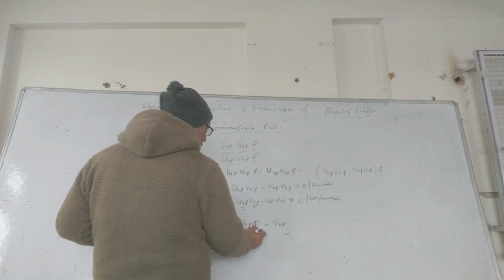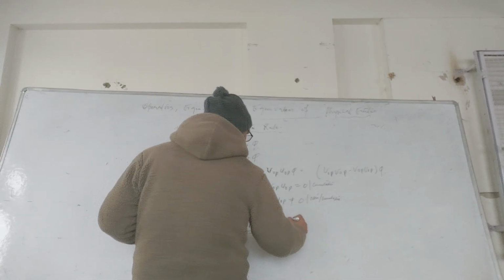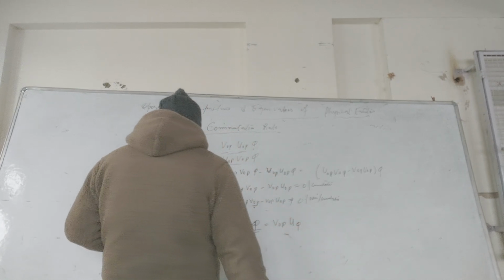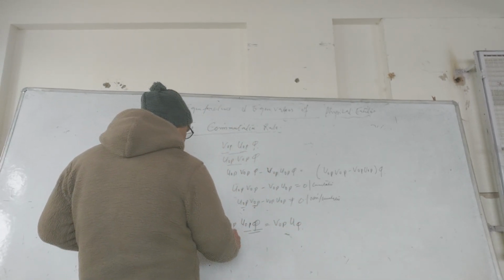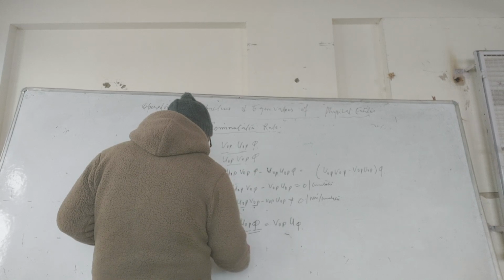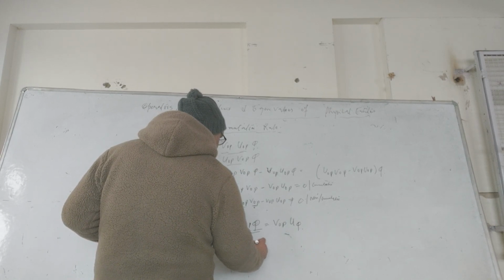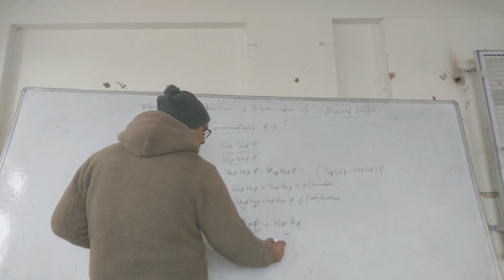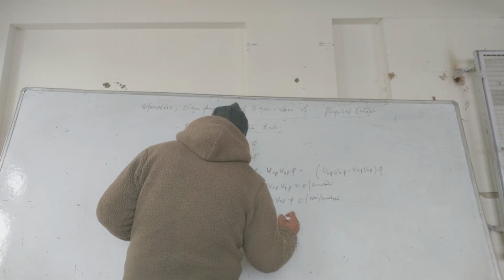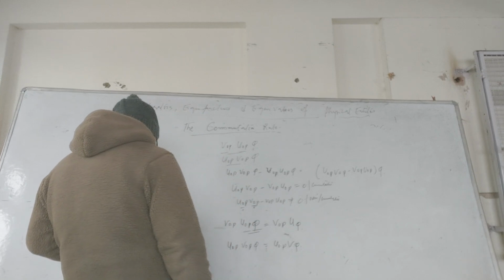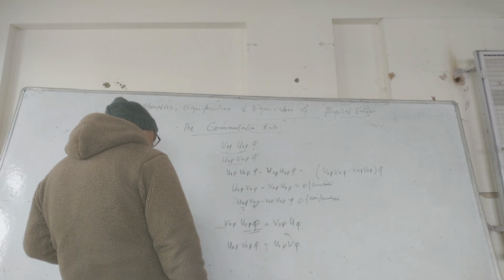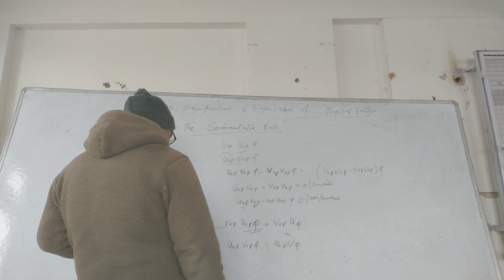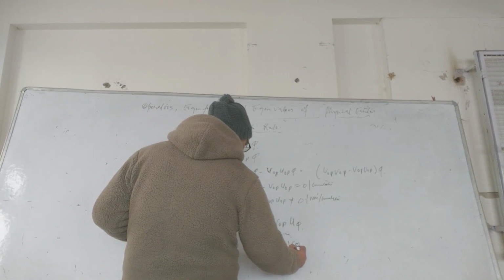So you can write U operator acting on phi as U of phi. In the same way, you have U operator, V operator acting on phi, so you can write V operator acting as V phi.